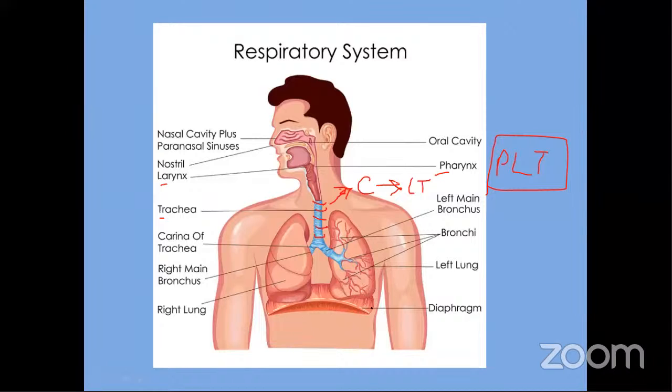Now, this is basically the bronchi, bronchioles, and then we have the alveoli. Okay, I'll just draw the diagram of the alveoli. So we have a question there as well. This is the alveoli, and surrounded with it are basically the capillaries. Which is the tissue that is present on the alveoli?